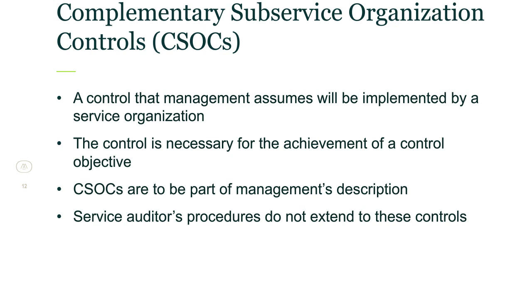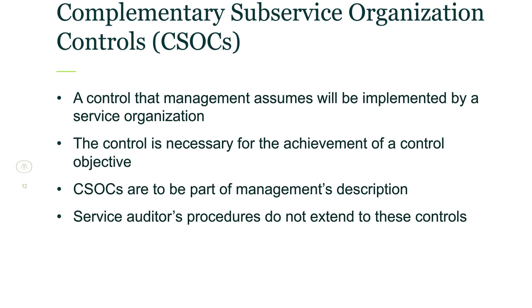So an example of this would be, say you're a claims processor and maybe you process multiple types of claims like medical claims, dental claims, vision claims, and for dental claims you outsource that processing to another service organization. If you had a control objective that talked about the completeness and accuracy of medical, vision, and dental claims, in order to meet that control objective, there would be controls that you're not in charge of as a service organization, but your subservice organization is in charge of.